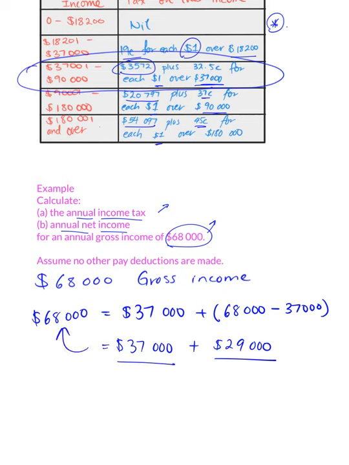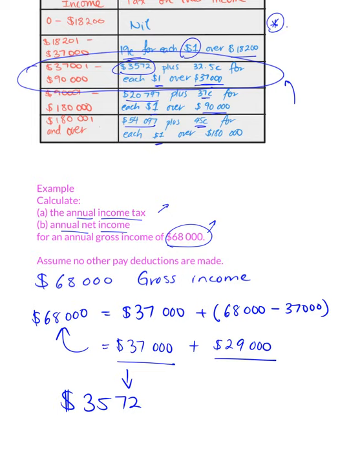Now the reason why we've split $68,000 into two parts is because of this figure over here where it says $3,572 is a fixed rate, then there's 32.5 cents for every dollar over $37,000. So this $37,000 over here corresponds to the fixed rate of $3,572.